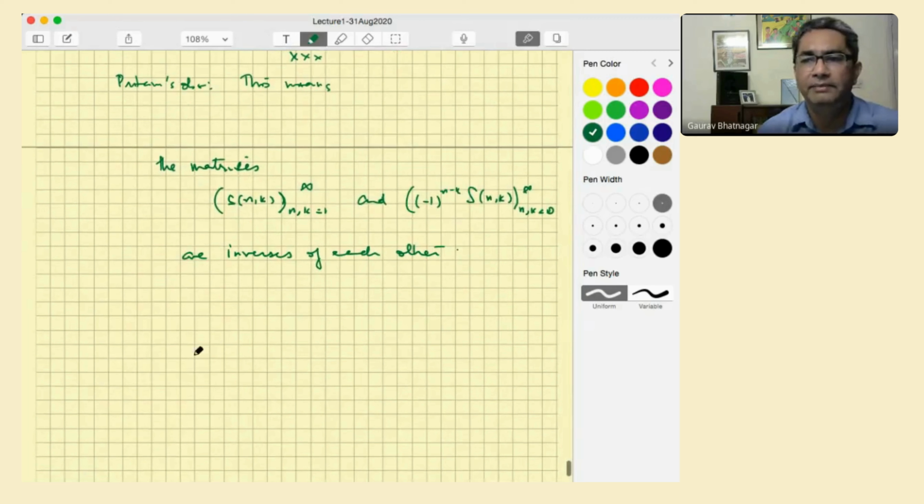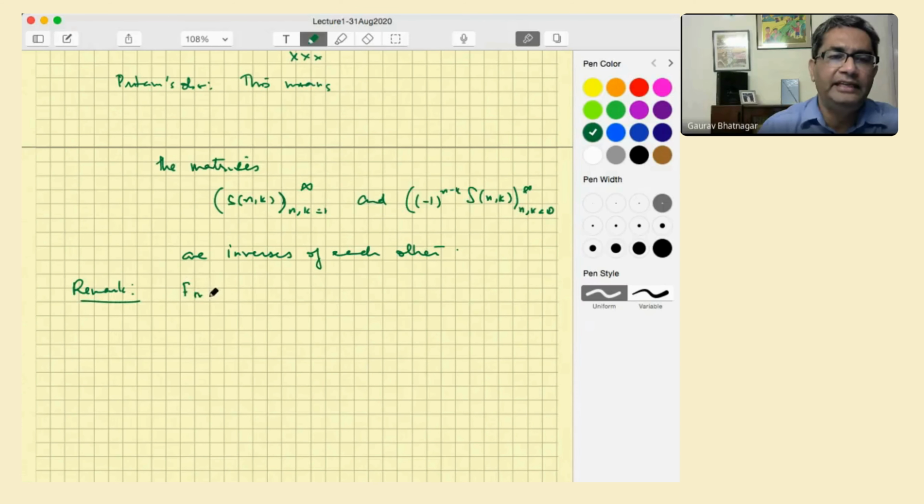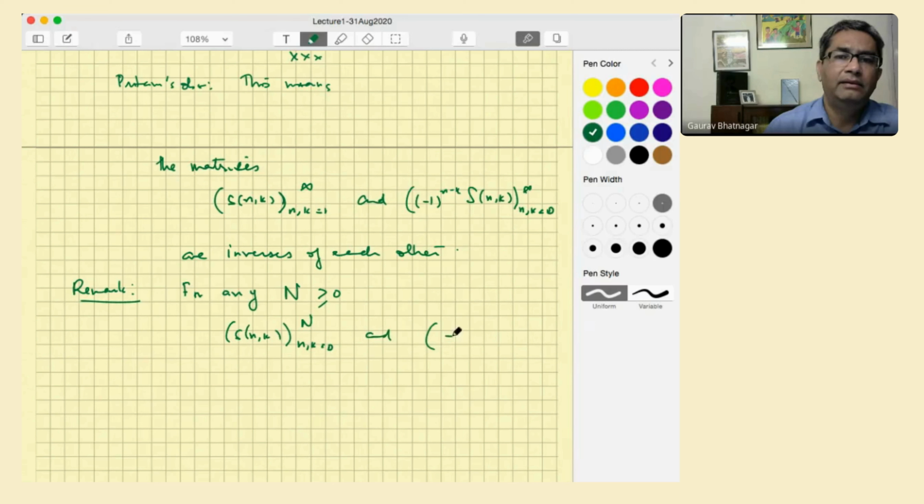So of course, what this means is that for any n bigger than 0, the matrices small s_{n,k} and (-1)^(n-k) capital S_{n,k}, with n, k from 0 to n, are inverses.